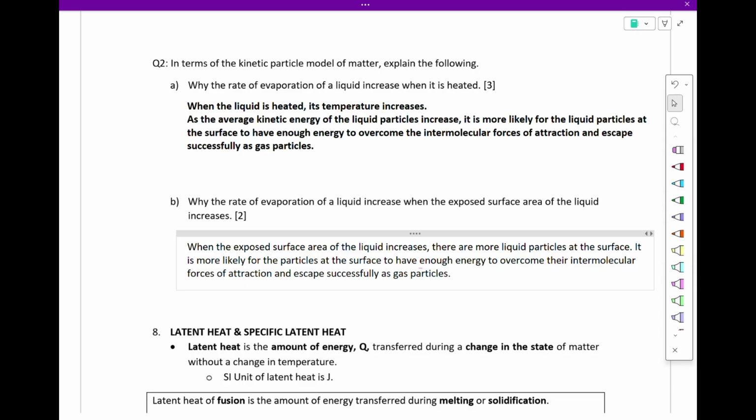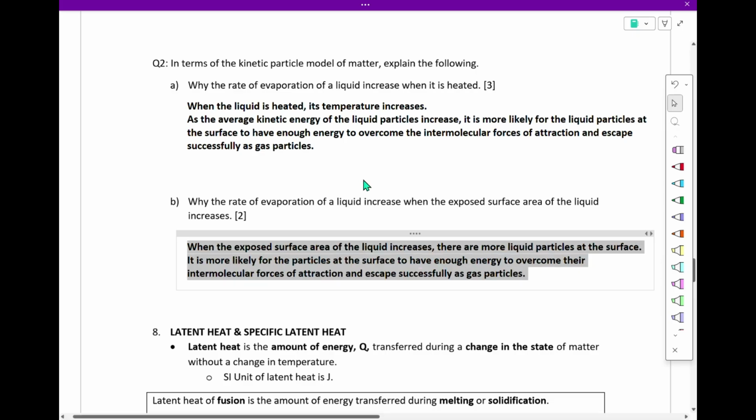Because basically it is talking about chance. What's the likelihood of it happening? So the more surface area you have, the more liquid particles you have. The more liquid particles you have, it's more likely for you to happen. Therefore, you have all of this that happens.